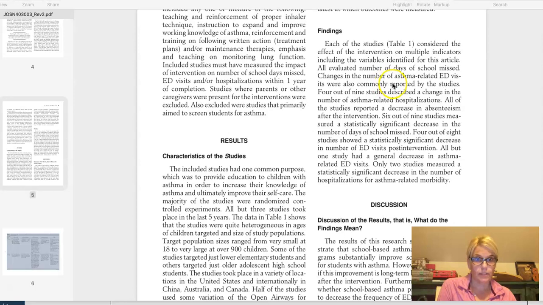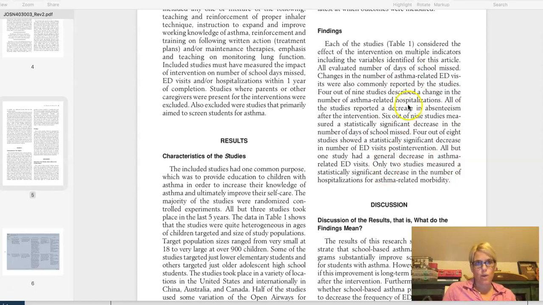They talked about the changes in number of asthma-related ED visits. 4 out of 9 described a change in the number of asthma-related hospitalizations. 6 out of 9 reported a statistically significant decrease in the number of days of school missed. 4 out of 8 showed a statistically significant decrease in the number of ED visits. All but 1 had a general decrease in asthma-related ED visits.